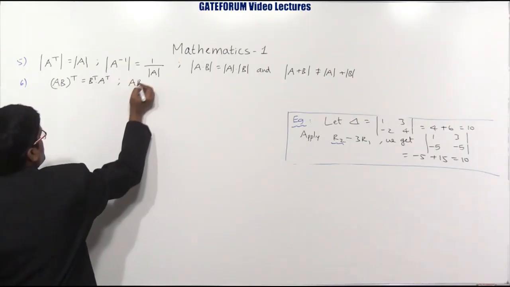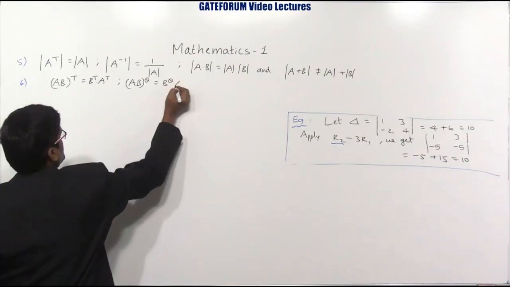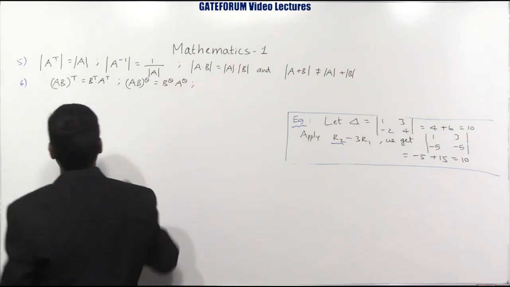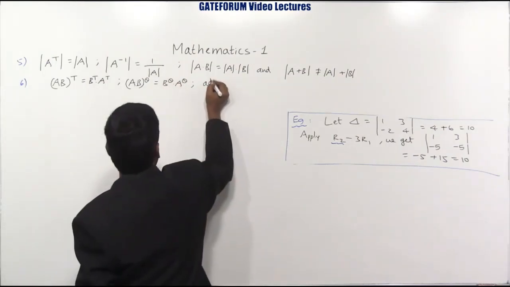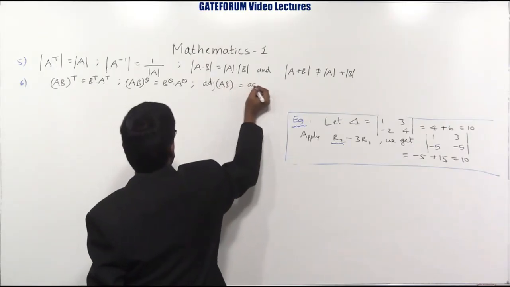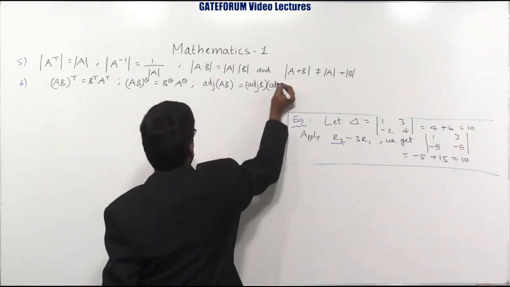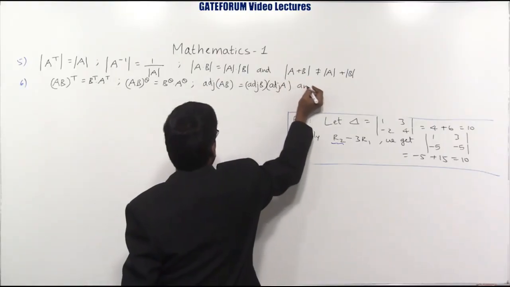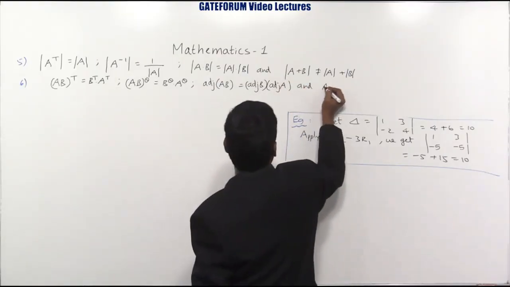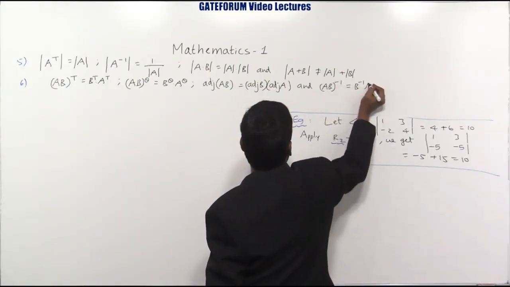(AB) whole conjugate transpose is equal to B conjugate transpose into A conjugate transpose. Adjoint of AB is equal to adjoint B into adjoint A. And finally, (AB) whole inverse is equal to B inverse into A inverse.